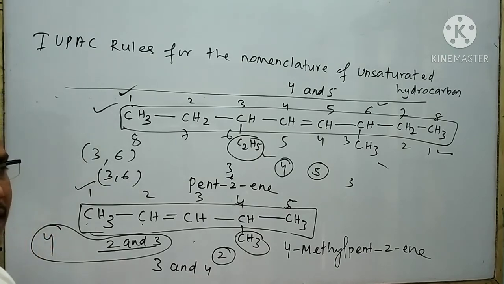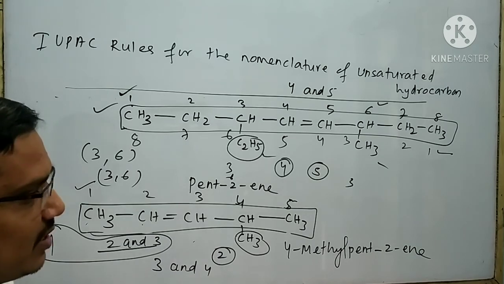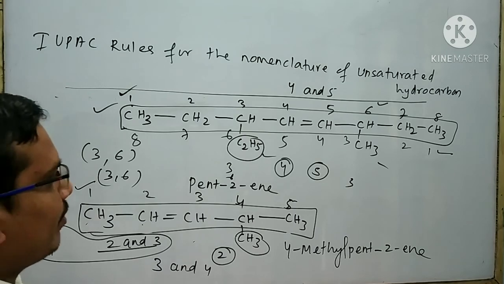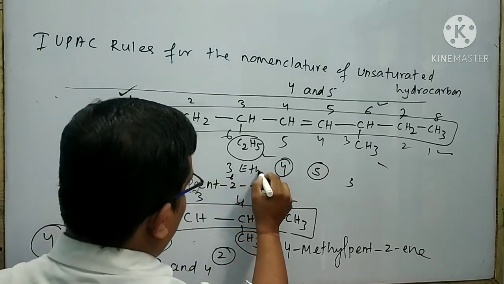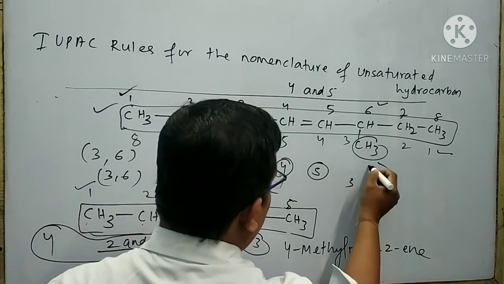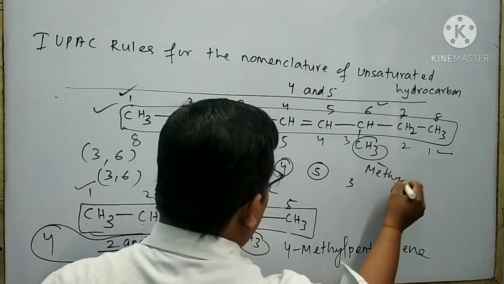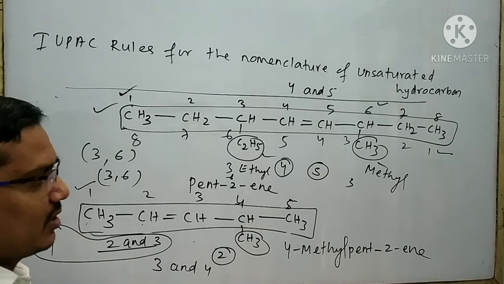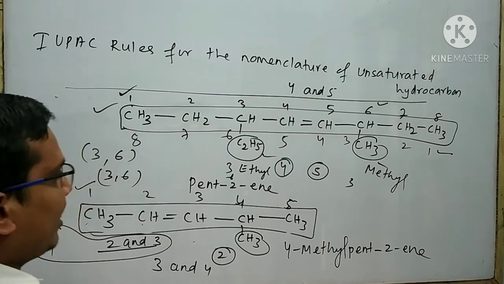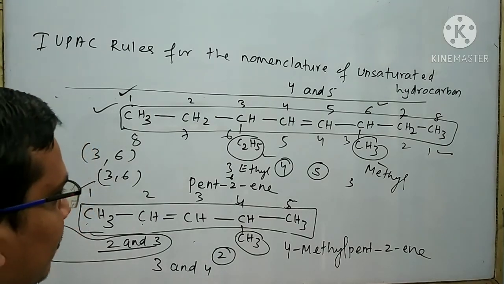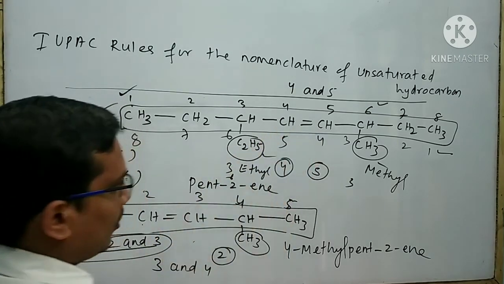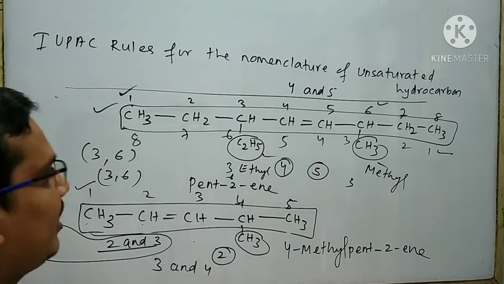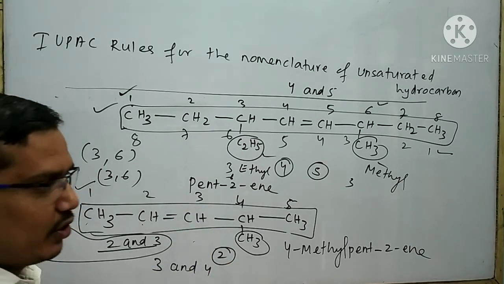Now I can apply the other rule. If the side chains have the same set of locants, then it is bound to apply the alphabetical system. This is ethyl, this is methyl. According to the alphabetical system, E comes first, then M. So give the priority to the ethyl group. To get that, at first give the priority to the double bond, then give the priority to the substituent.